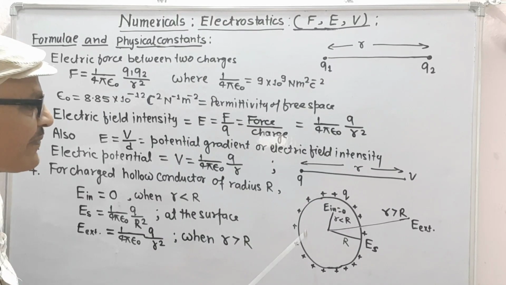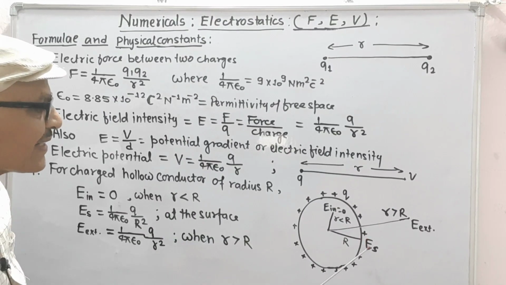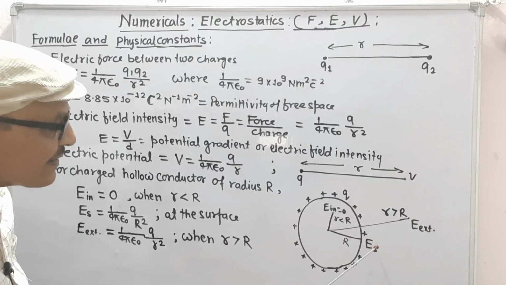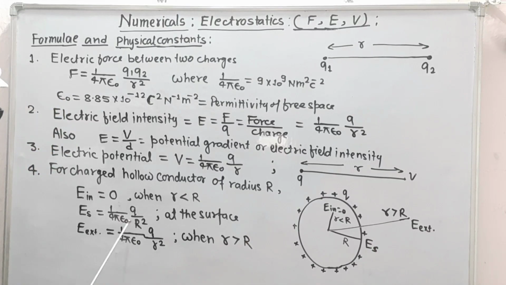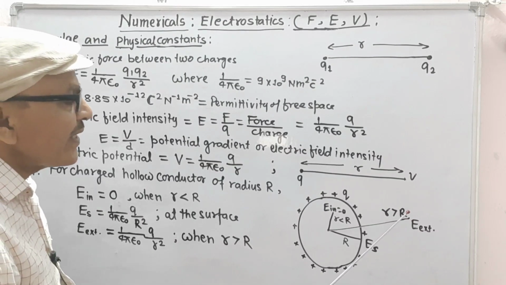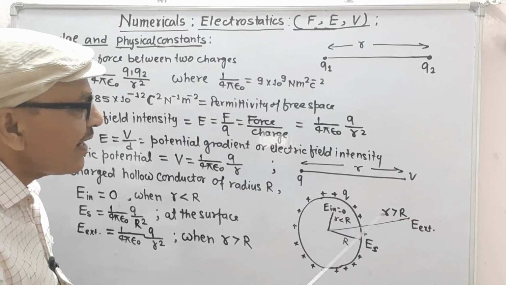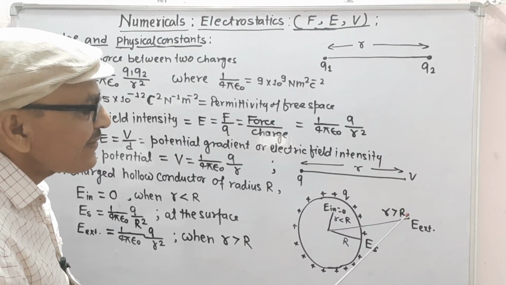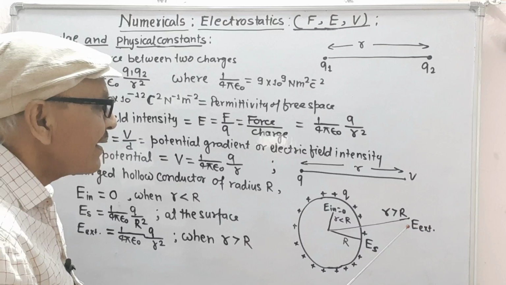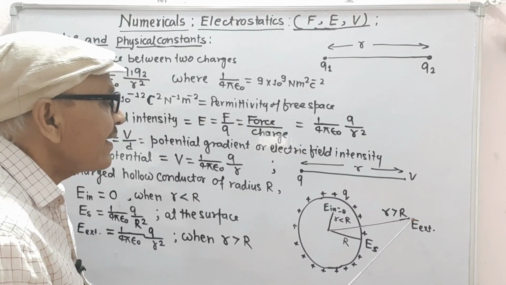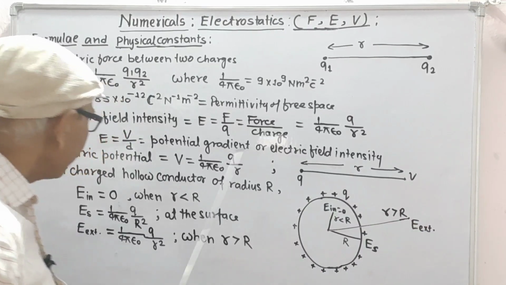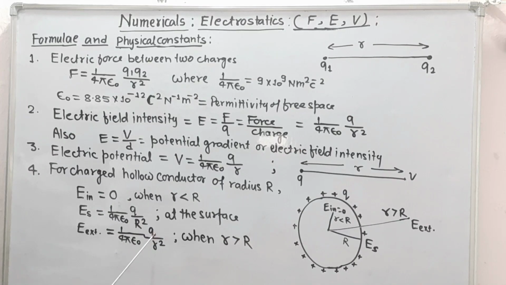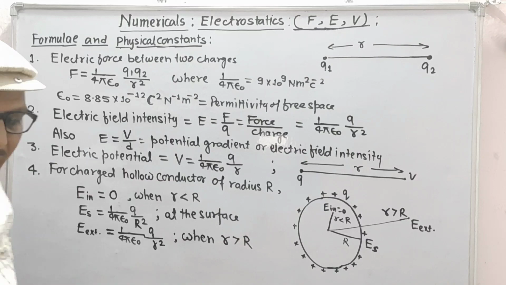Secondly, on the surface of sphere, electric field intensity is E surface is equal to 1 upon 4 pi epsilon naught q upon r square, and at any external point where small r distance is greater than the radius of hollow sphere is given by E external is equal to 1 upon 4 pi epsilon naught q upon r square, where r is greater than capital R.